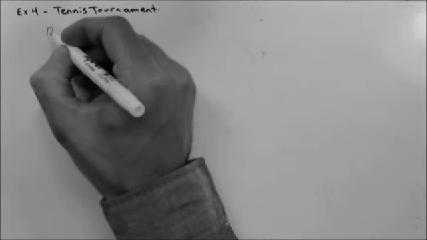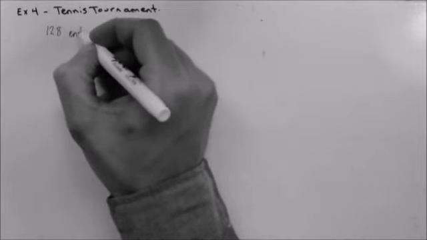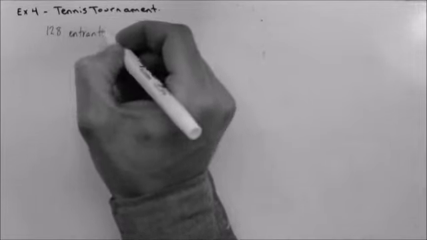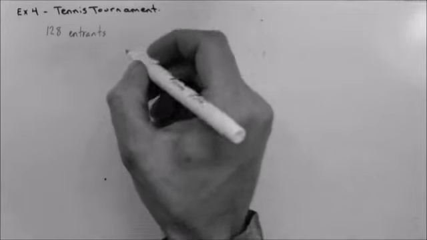So let's think about why this can be represented by a geometric series. If you're starting with 128 entrants, and let's say people get knocked out round by round, well then how many matches are there in round 1? It takes 2 entrants to play a match.